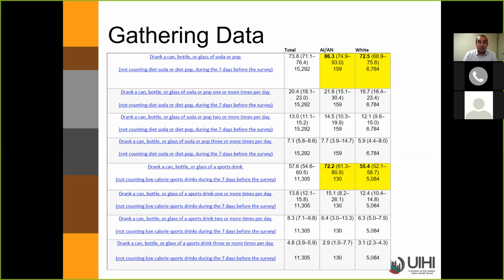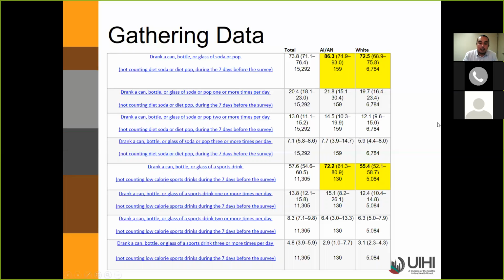But with that being said, oftentimes when trying to gather and present data for American Indians and Alaska Natives, we're in a situation where we have to take what we can get. You know, try to come to the best prudent conclusions that we can given our limited information.